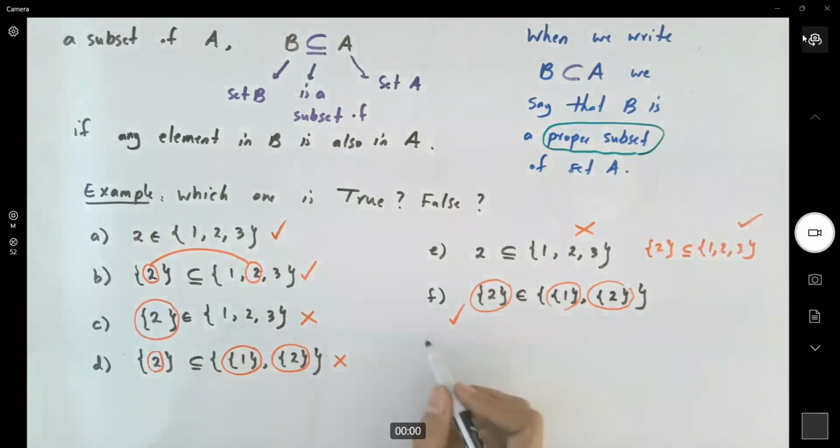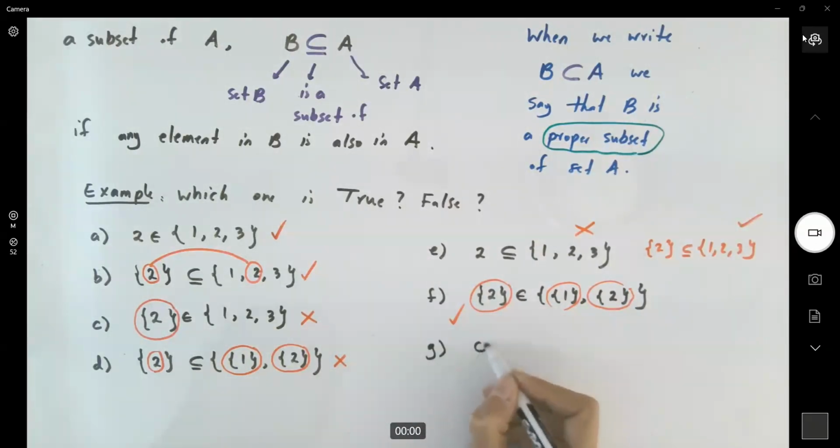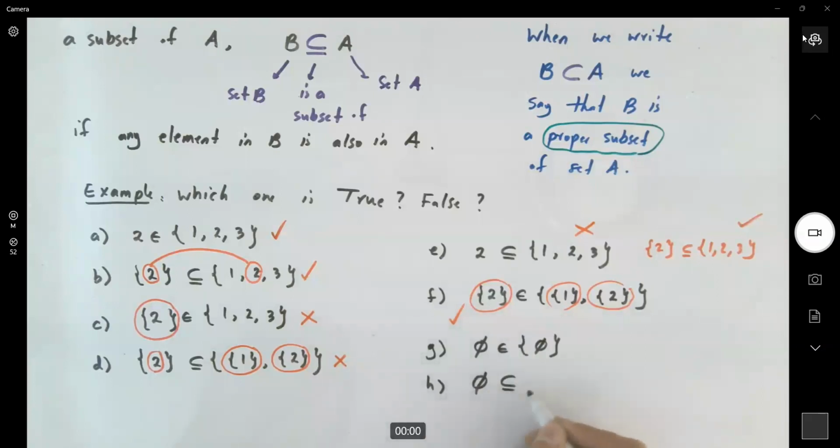Let us add another one. Empty set belongs to this set. Empty set is a subset of this set. Which one is true? Which one is false? Both of them are true. This guy belongs to this set.